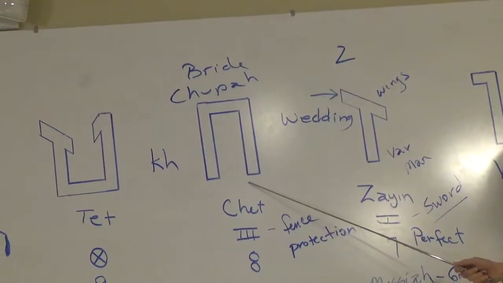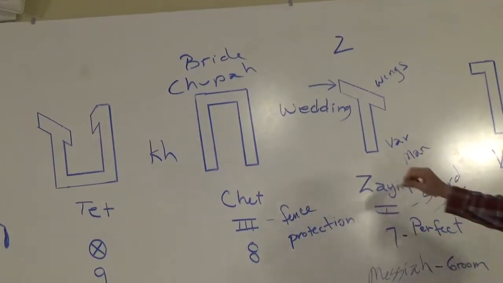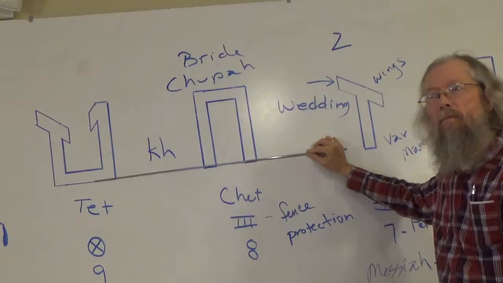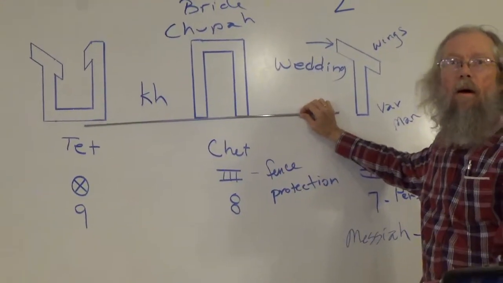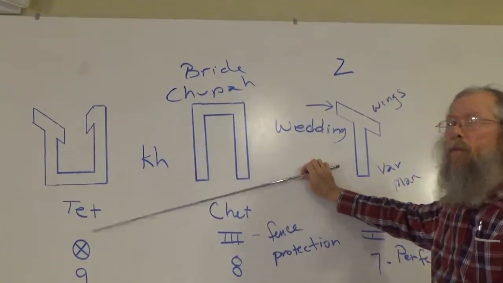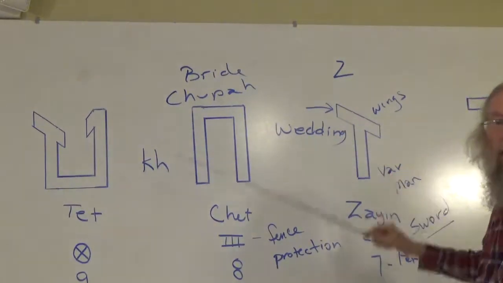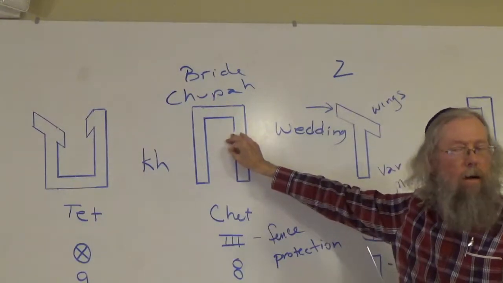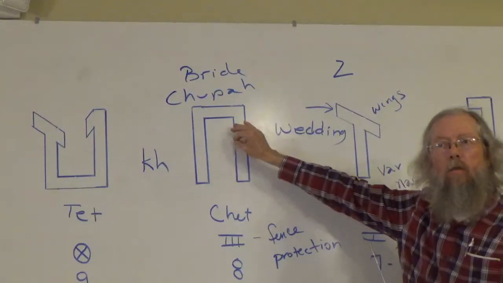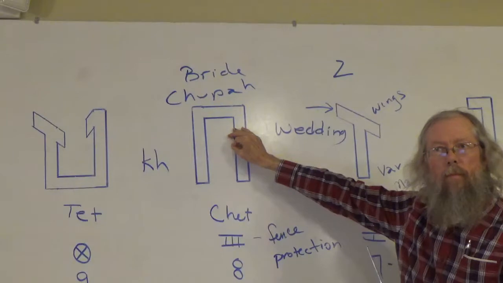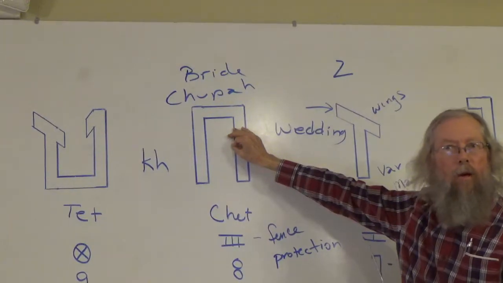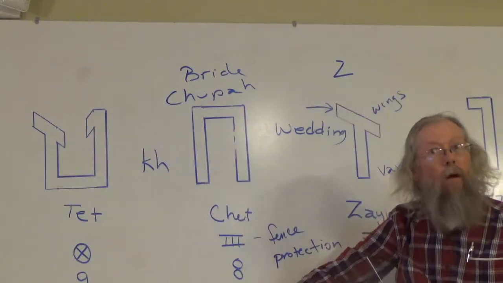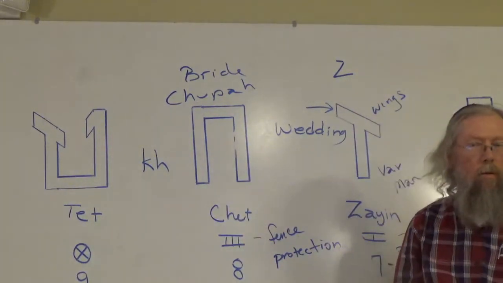Everybody see that? So what's here? The ground. Very good. Saying what? This is the bride. This is her womb. This is the womb of the bride. Which direction is the opening? Towards the earth, down, sealed, closed.